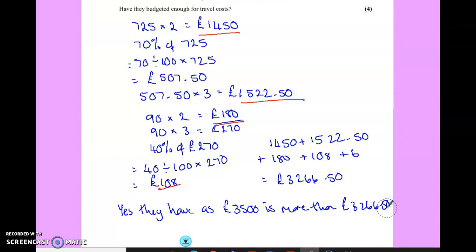Or we could say they would also have £233.50 left over, but we need to make some kind of comparison to the amount that they've got and the amount that it would cost them. It's not enough just to say yes, they've budgeted enough. You need to pretend the person who is marking this, i.e. me, is really, really daft and doesn't know that 3,266 is more than 3,500. So you need to tell me that part.